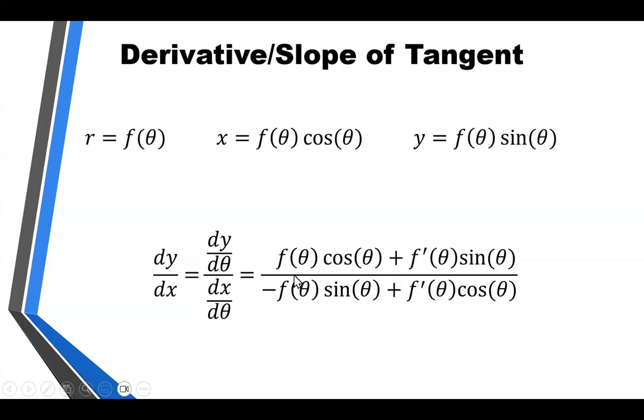Other people will just memorize this formula or some equivalent version of it, because obviously you can change the order up a little bit, change which things go on the right versus the left. But essentially it's that. So whether you want to think of this as just a product rule over a product rule, or whether you want to use the expression directly, either way is perfectly fine.